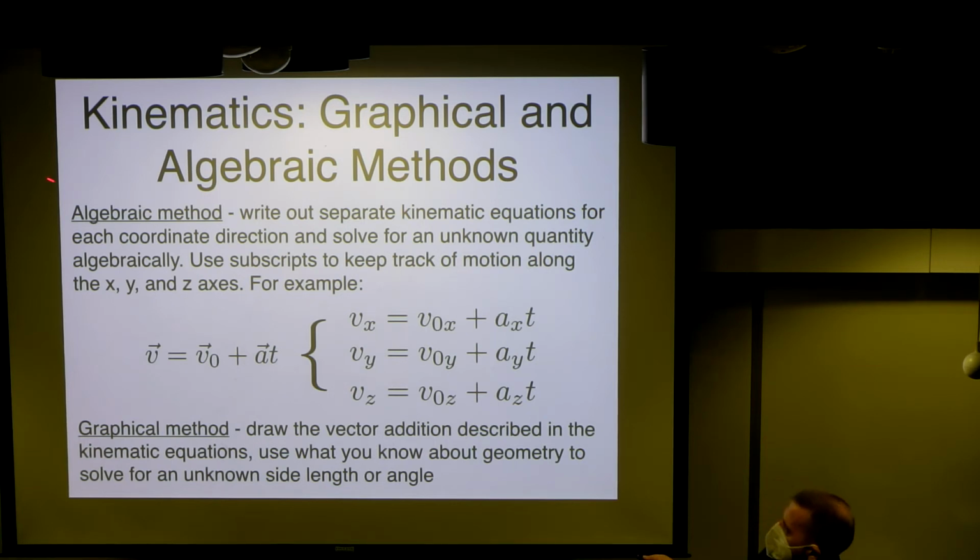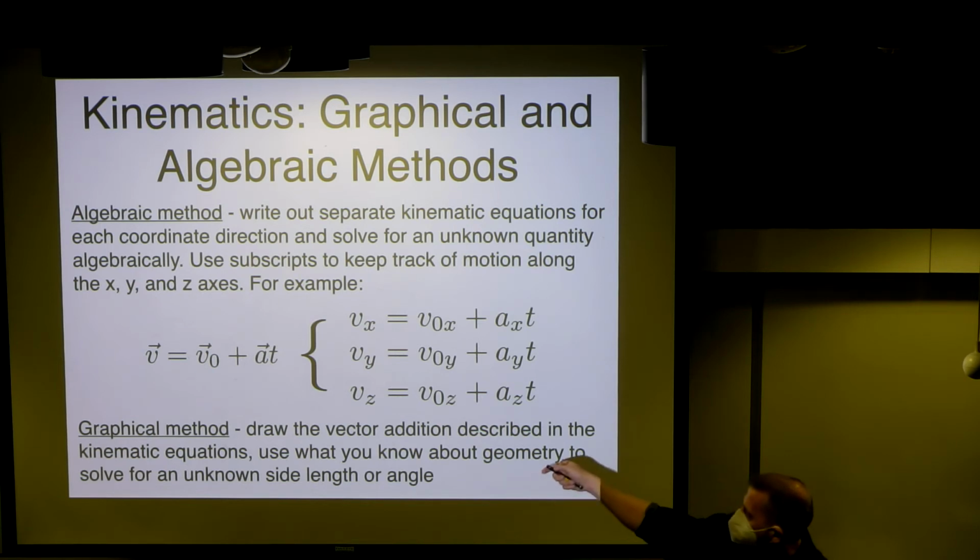So let's start with the algebraic approach. How does this work? Well, basically, with the algebraic approach, we start with some kind of kinematic equation like this that's expressed in terms of vectors. And then we break it down into different components.